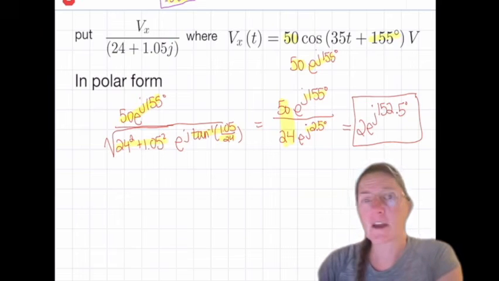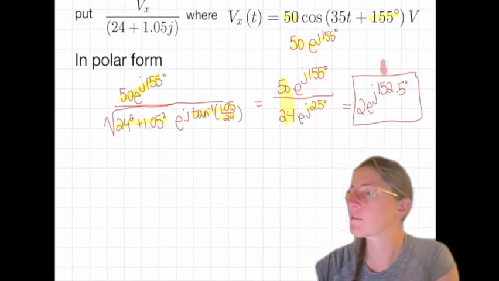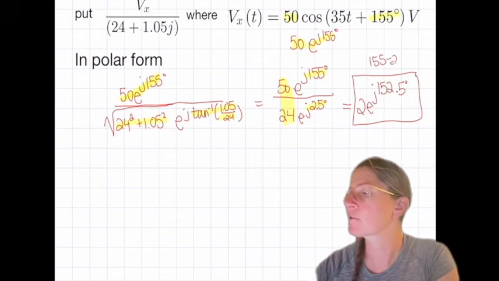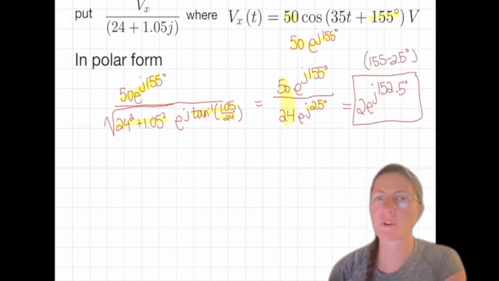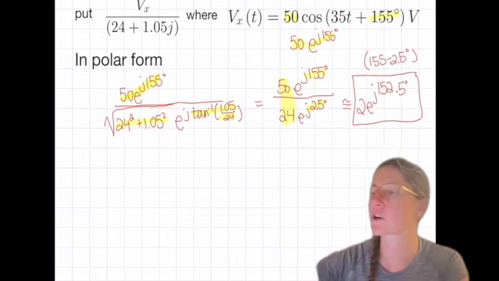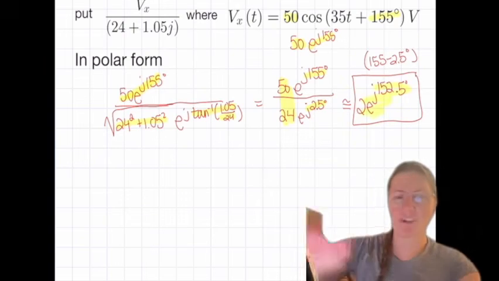So 155 minus 2.5, and that ends up being 152.5 degrees, and then 50 over 24 is approximately 2. And so this would be your final value for something like this. All right, thank you for watching all these examples.